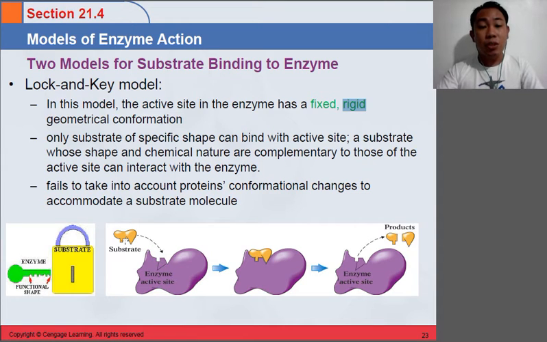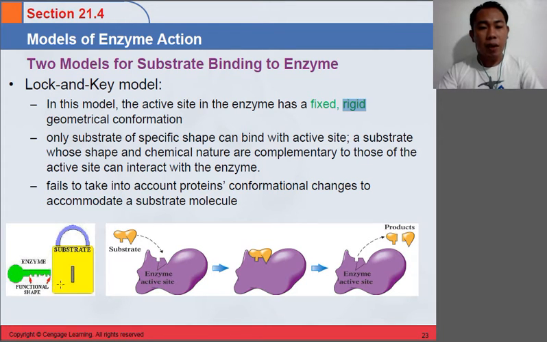A substrate whose shape and chemical nature are complementary to those of the active site can interact with the enzyme. So this one, for example. Once the substrate is able to bind with the active site, and if the active site and the substrate are complementary, it will react and form the product. This model fails to take into account proteins' conformational changes to accommodate a substrate molecule.